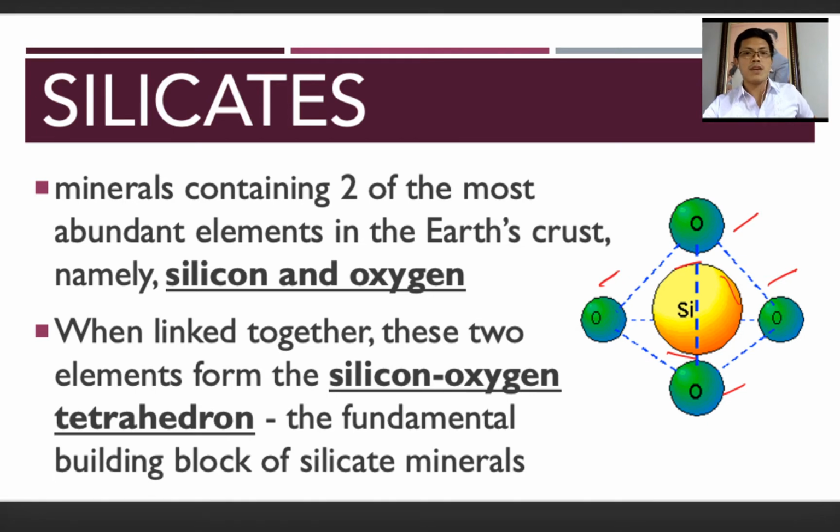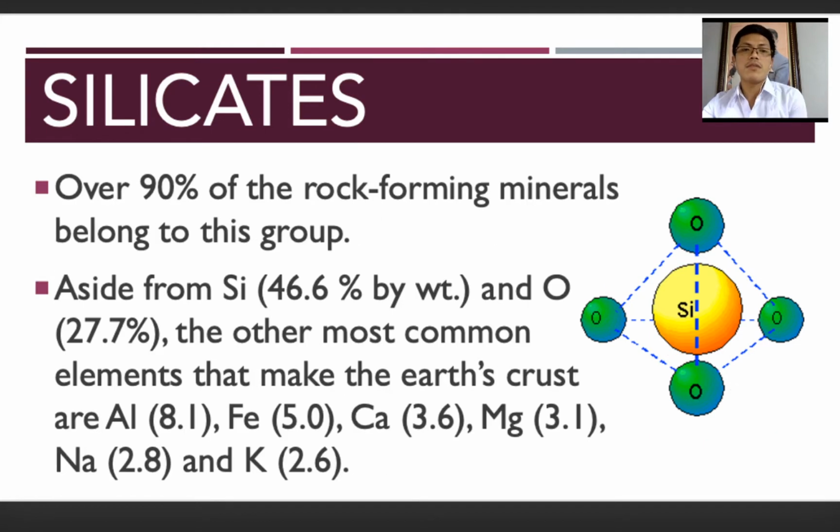They can be arranged side by side, and you can research more on this one, but we will not dwell on it. Let me just let you appreciate that silicates have this particular shape. Over 90% of the rock-forming minerals belong to this group.